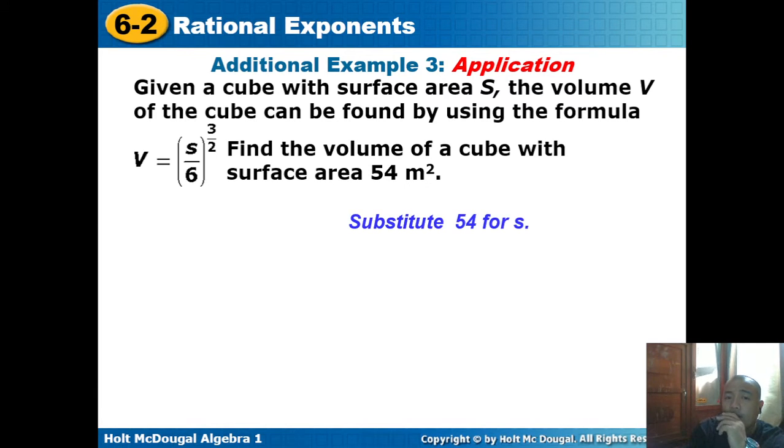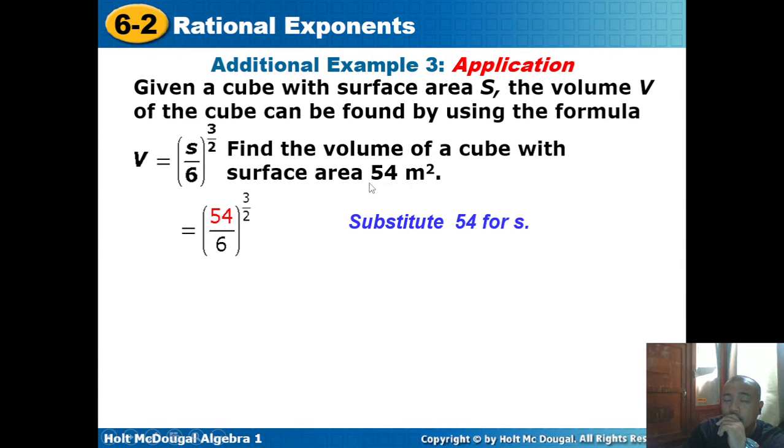Okay, if the surface area of that cube is 54 square meters, then we substitute S by 54 in the formula, because the formula for the volume of a cube is the surface area of that cube divided by 6, raised to 3/2.